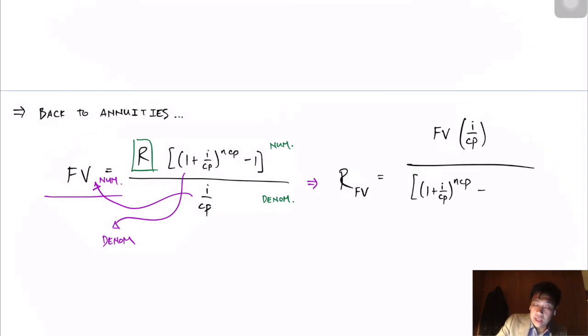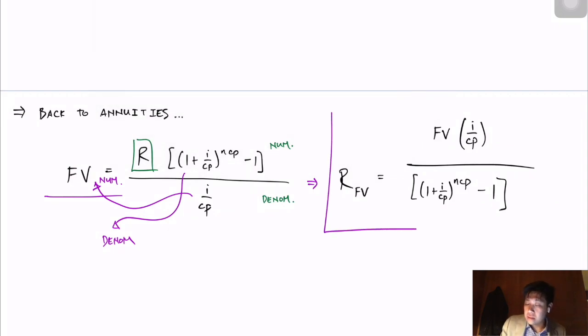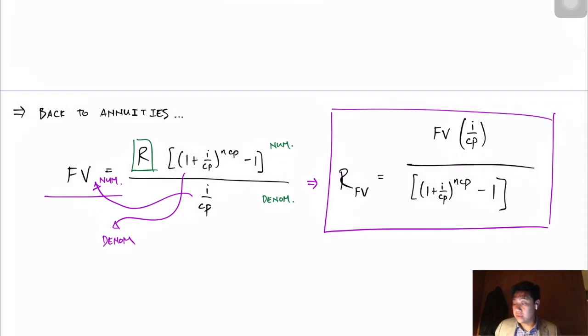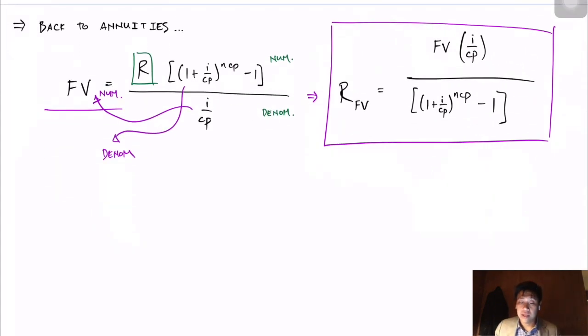And here we now have our formula for solving for R, the recurring payments, in a future value scenario. And the variables stand for the same exact thing. Again, we just simply rearrange the formula so that we can work with a different scenario.